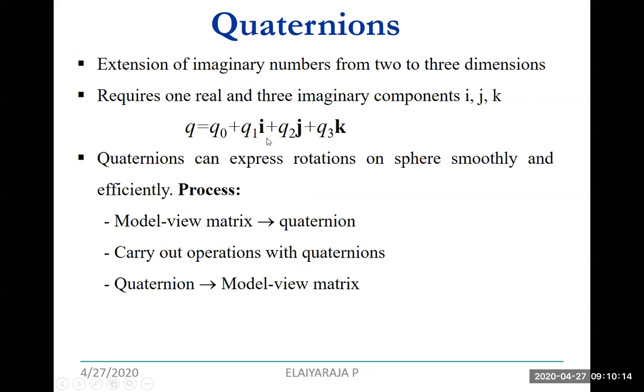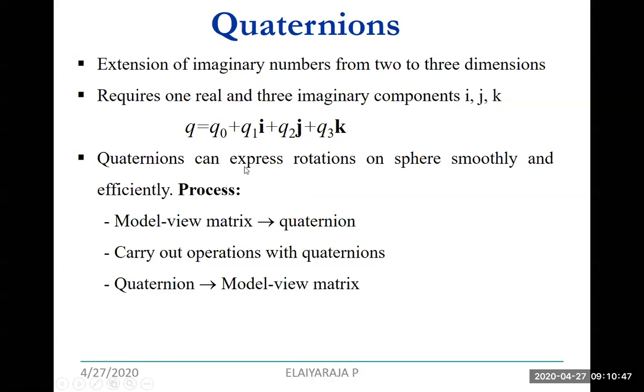Here i squared equals -1, j squared equals -1, k squared equals -1, where i times j is equal to k, j times k is equal to i, k times i is equal to j.